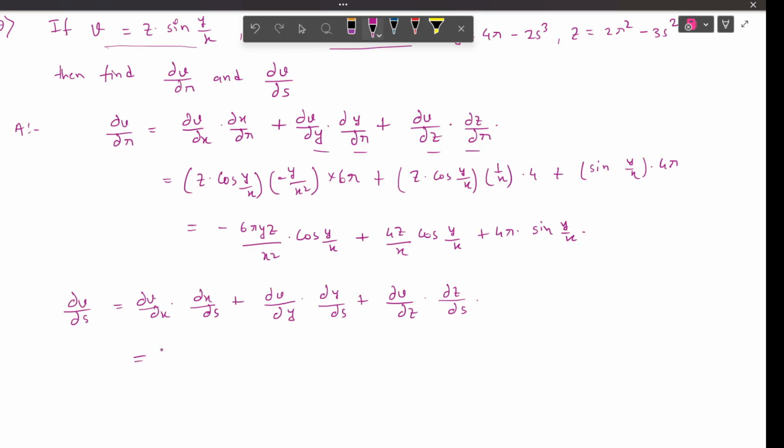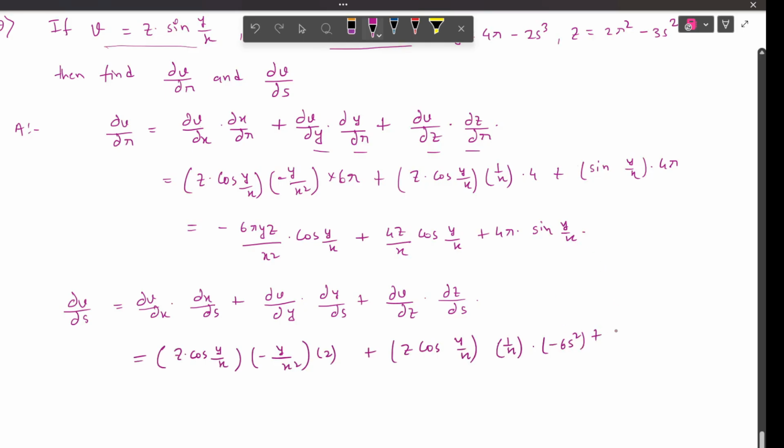Kindly match on your own. This will be z cos of y by x into minus y by x square into 2 plus z cos of y by x into 1 by x into minus 6s square plus sine of y by x into minus 6s.